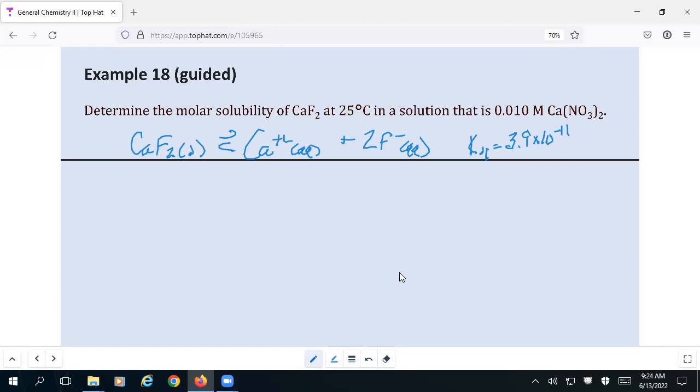The only real difference here is that in our ICE table, we're not starting with a 0 value for the calcium. We've got 0 for the fluoride. What would be the concentration of calcium ion in 0.01 molar calcium nitrate?